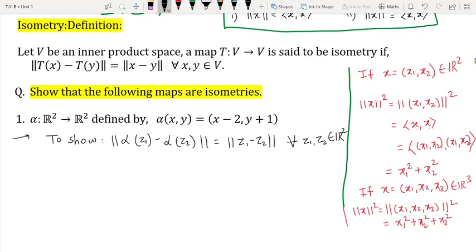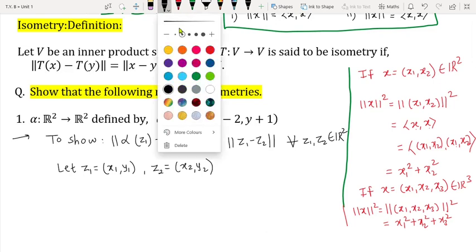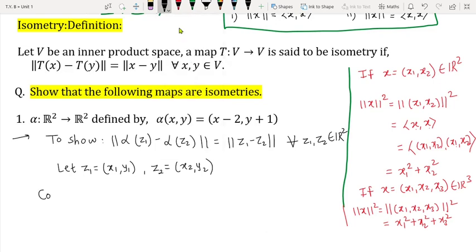So I will use some notations for this Z1 and Z2. As the elements of R2, I'll select Z1 is equal to, let us say, x1 y1, and z2 is equal to x2 y2. Now let me consider this LHS of this equation, isn't it? Which one? This equation. So I'll say consider LHS.